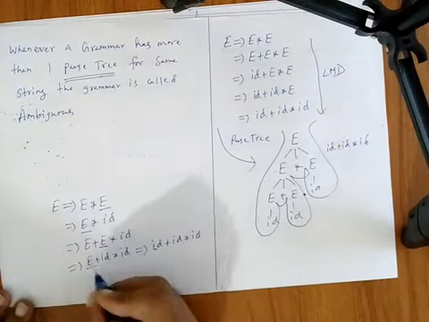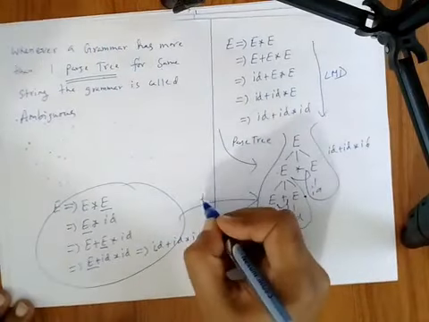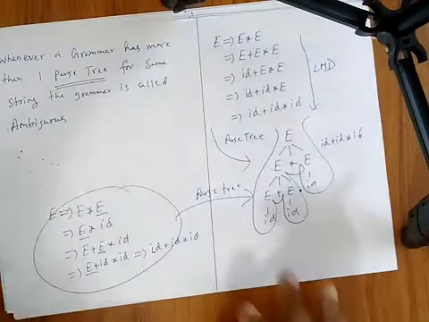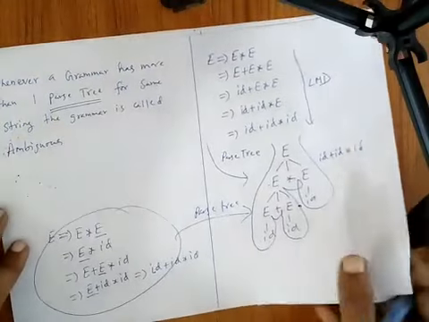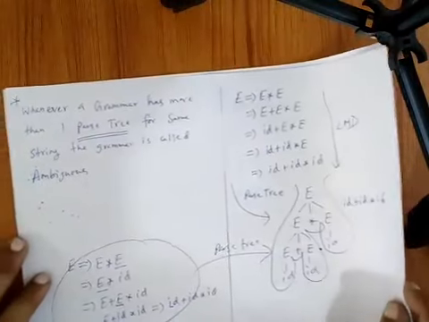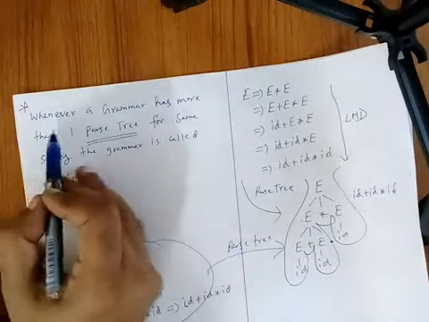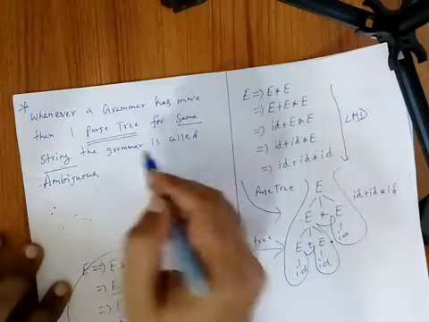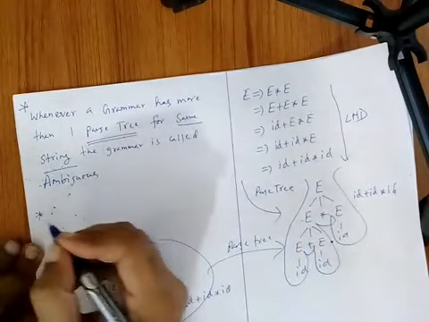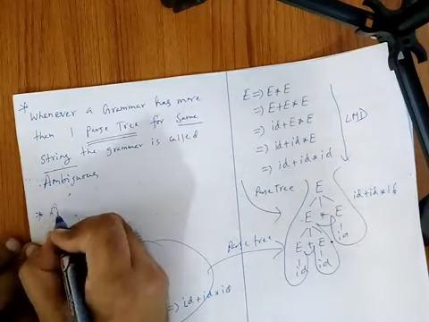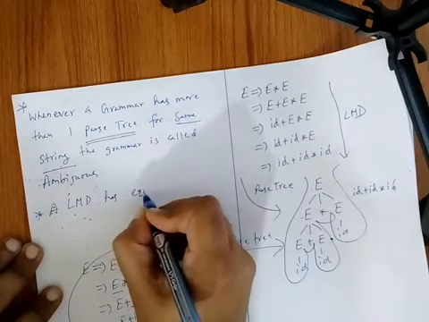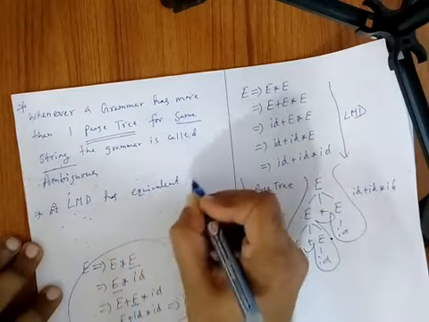But it also has the same parse tree. So this is the first point. Whenever a grammar has more than one parse tree for the same string, the grammar is called ambiguous. Our second point is that an LMD has an equivalent RMD. We proved it here.